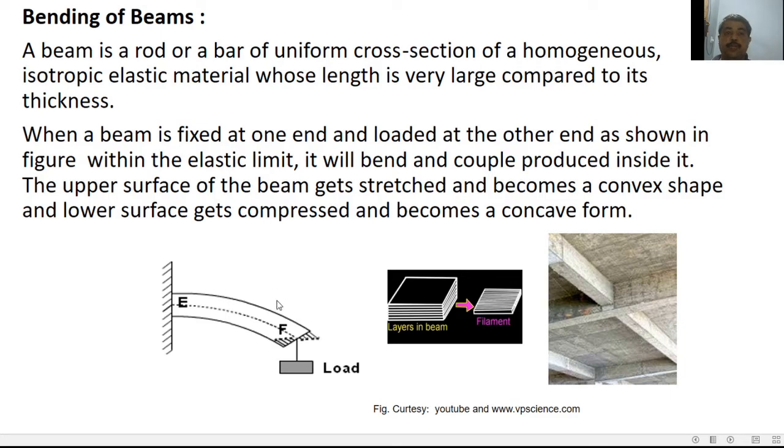This is shown in the figure by arrows, whose length indicates in rough proportion the extent of this extension and the contraction of the filaments in the upper and the lower half of the beam respectively.